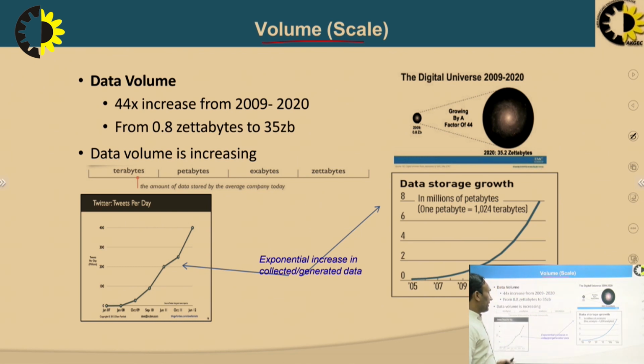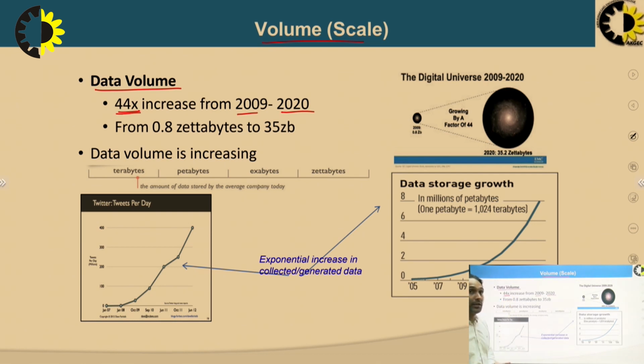these are statistics taken from a research paper, with a graph that represents the variation in the volume of data presently accessed or used over the network. Between 2009 and 2020, it increased 44 times.